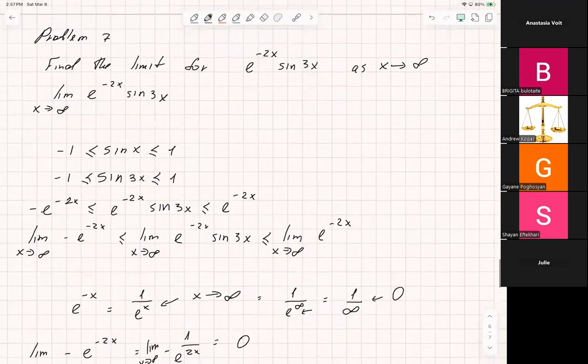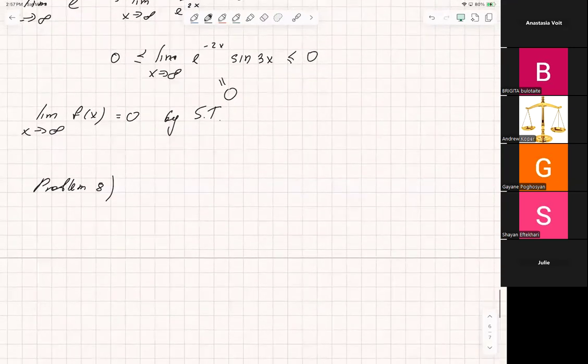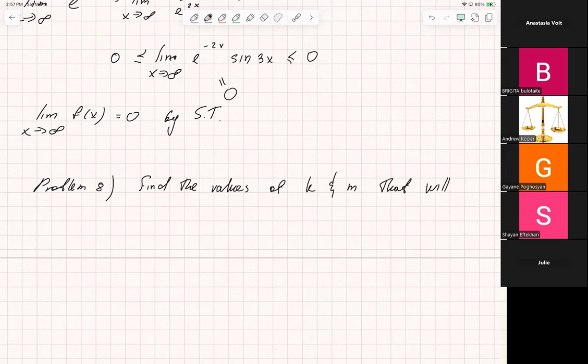8, I think, right? Yes, 8. Okay. Find the values of k and m that will make the function f continuous everywhere on negative infinity to positive infinity.